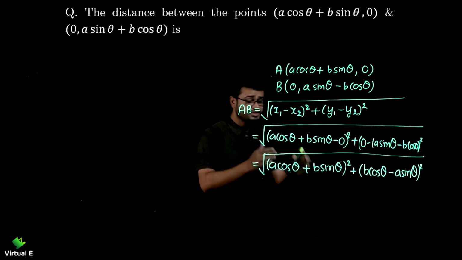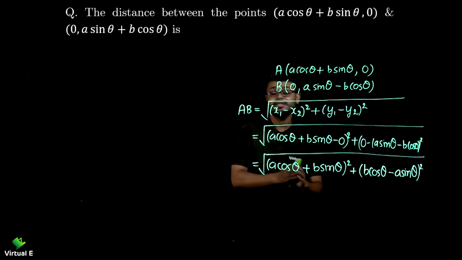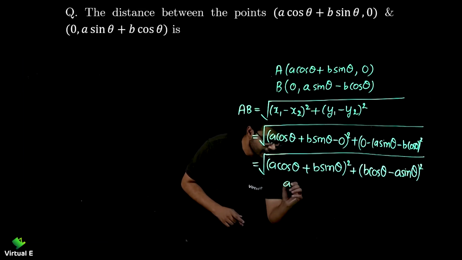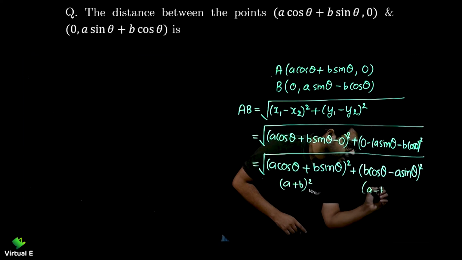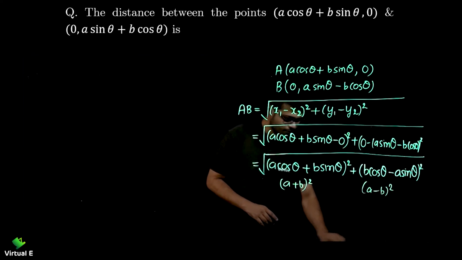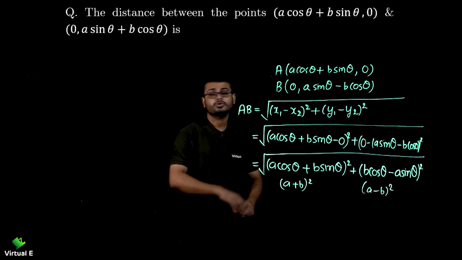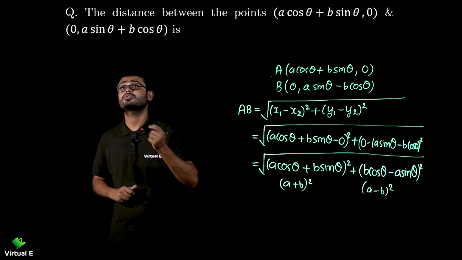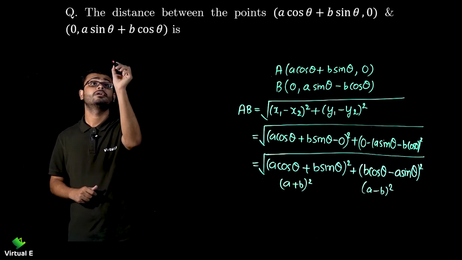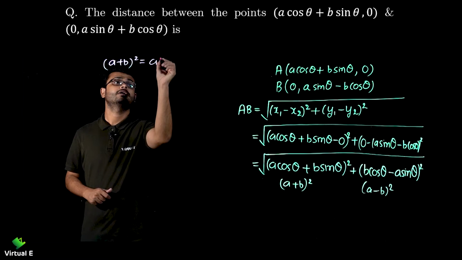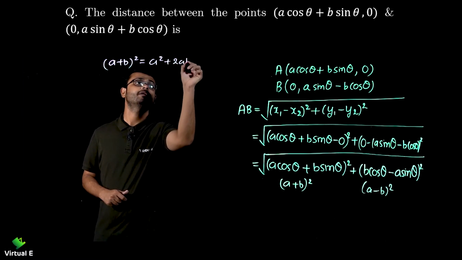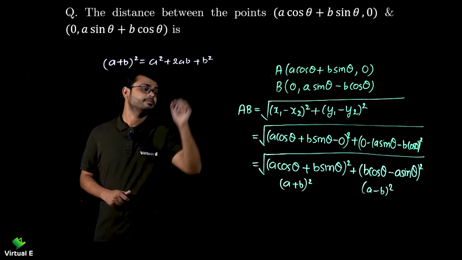Now let's simplify these two separately. This is like (a plus b) whole square and here (a minus b) whole square, so we are going to use the identities. First, (a plus b) whole square is a square plus 2ab plus b square.